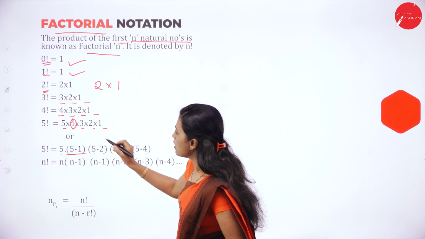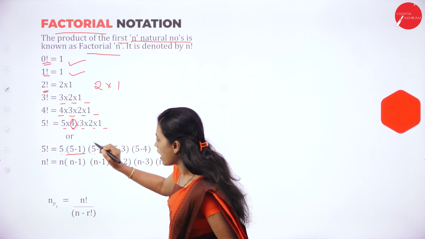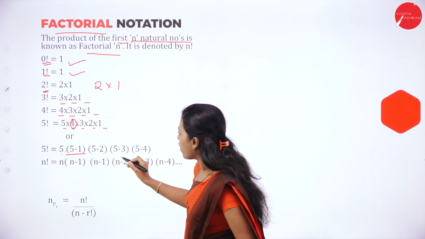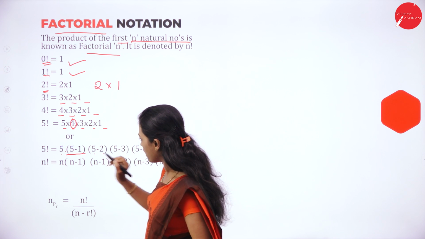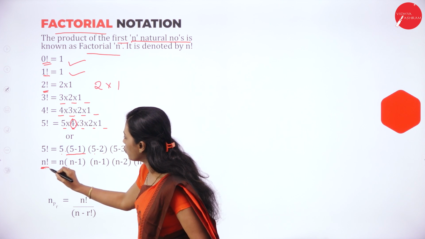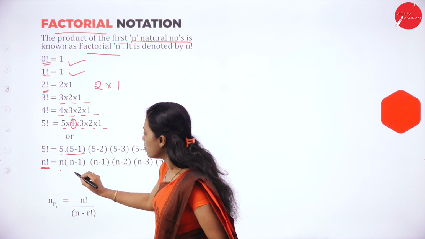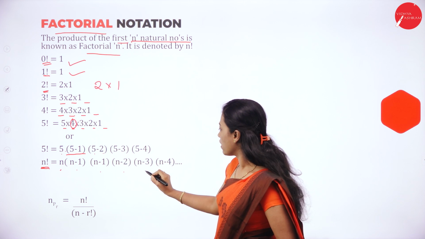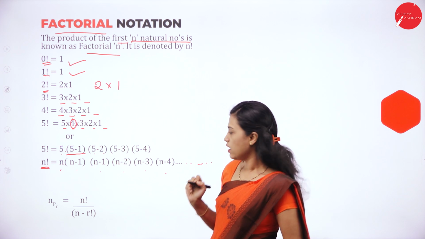Instead of writing 5 into 4 into 3 into 2 into 1, we can write 5 into 5 minus 1, 5 minus 2, 5 minus 3 and 5 minus 4. Like that, n factorial is equal to n into n minus 1, n minus 2, n minus 3, n minus 4, n minus 5 and so on.